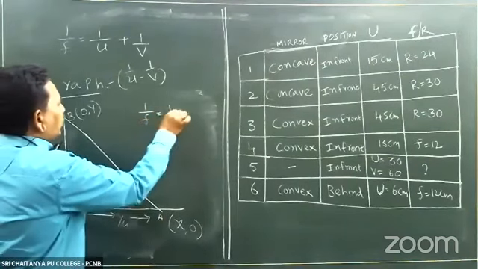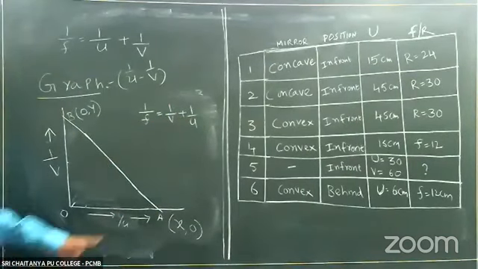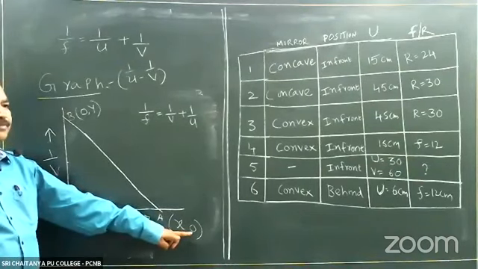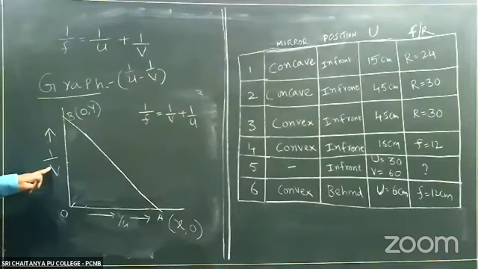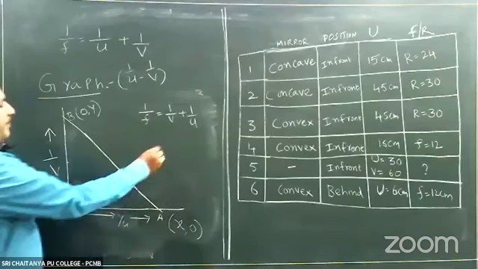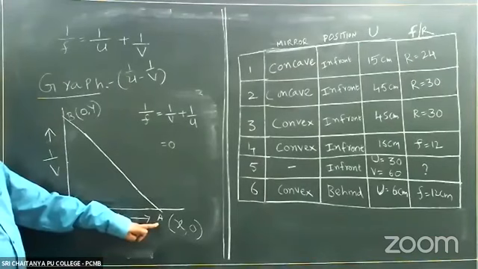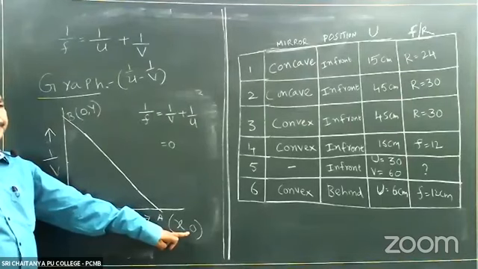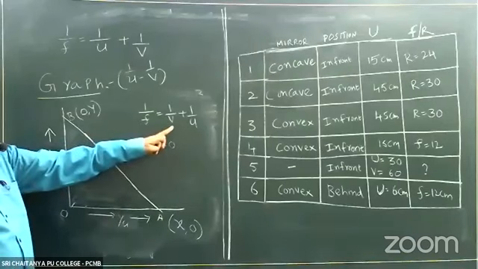Now take the standard equation, the mirror formula: 1 by f is equal to 1 by v plus 1 by u. First I will apply it for this point A. What is the y value? Y value is 0. What is taken along the y-axis? 1 by v value. Put 1 by v value as 0.